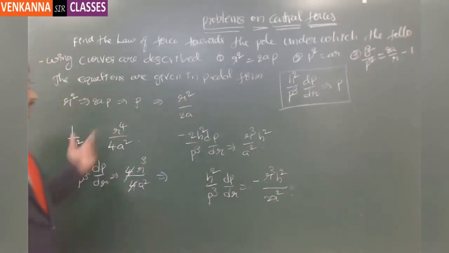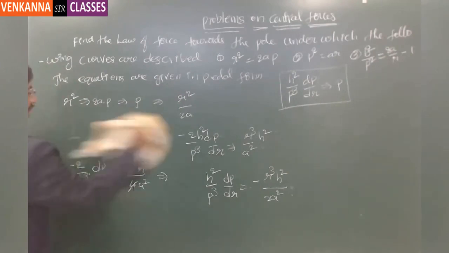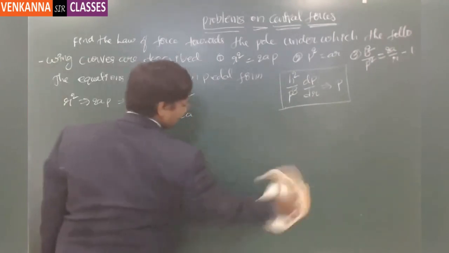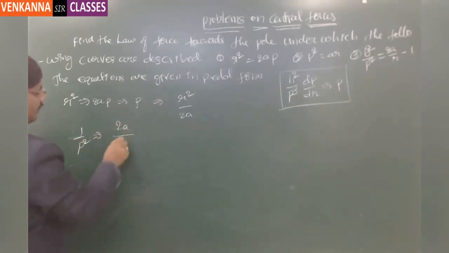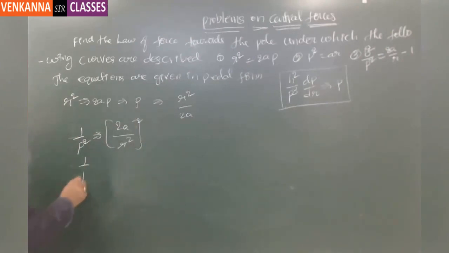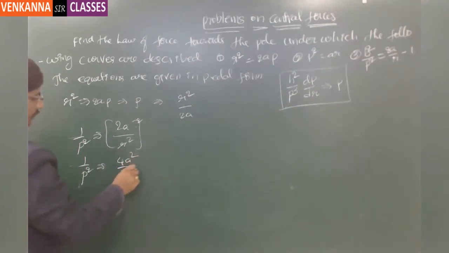So this is p. Now everything will go for a toss. p is equal to r square by 2a. So from this relation, 1 by p square equal to 2a divided by r square, whole square. So this is 1 by p square equal to 4a square divided by r power 4.